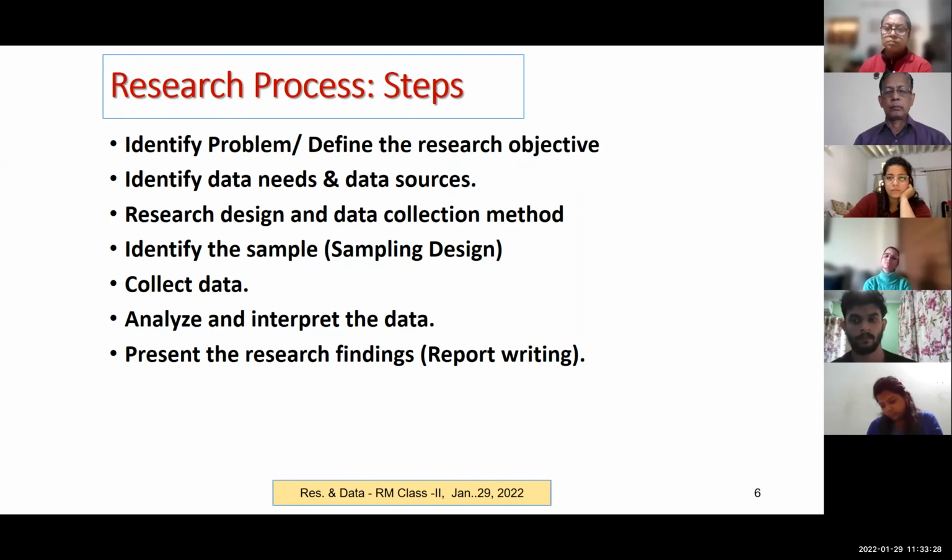Identify data needs, and once we identify what is needed, we find out the sources to get that data, which could be research material from other researchers, magazines, or going directly to the respondents and getting data through a questionnaire, which becomes the basis of the research. Agree or not agree to the hypothesis? Well taken. Kavita, quick input, maybe one minute or less.